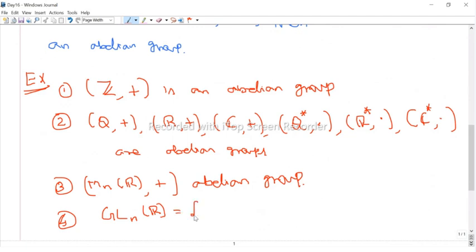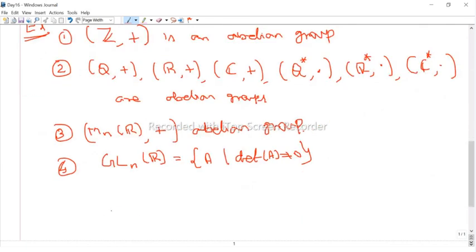So what is the definition of this? It is the set of all matrices A whose determinant is not equal to 0. So we are collecting the invertible matrices, that is, the matrices whose determinant is not 0.